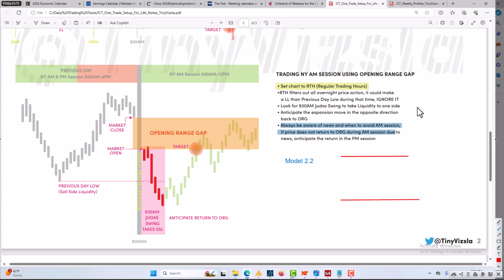And then it's going to take out the liquidity from the high. So this is the high, and then it will come down and make a certain move, right? And then it comes down and fills the gap. So that is the bearish scenario. So the model 212 right there.